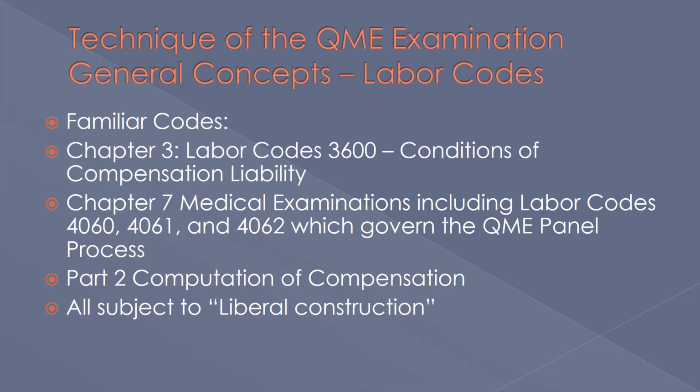Basically, all of the labor codes from 3200 to almost 8000 are subject to what is referred to as liberal construction. And liberal construction, by definition, states that all of these codes shall be liberally construed with the purpose of extending benefits for the protection of persons injured in the course of their employment.